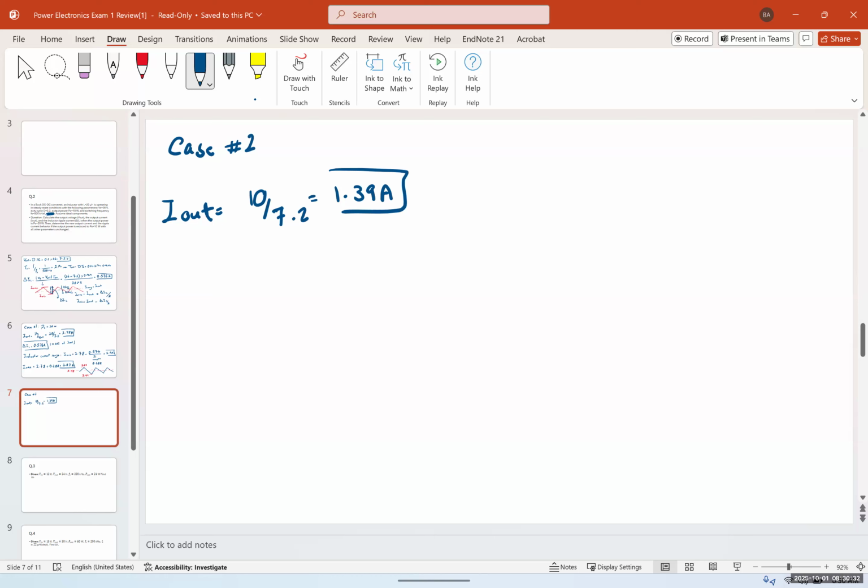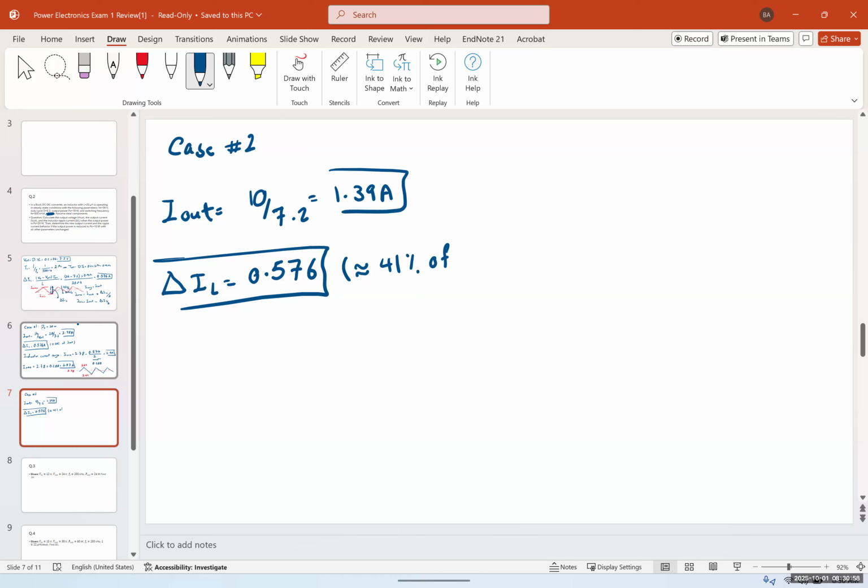Since the output voltage, the input voltage, the duty ratio and the inductor have not changed, nothing has changed, therefore delta IL remains the same, which is 0.576. But this time, the ripple is 41% of I out. The last time it was 20%, now it's a bigger portion.